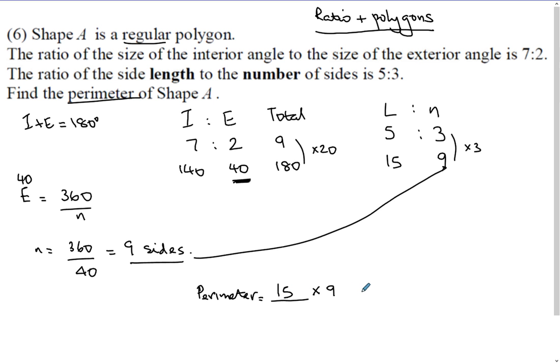So 9 sides, the perimeter will be 135. Anytime you want to do some workings or think about it, you just go on the side and work it out, and then this layout here, your main workings just look so neat. All right, okay, good.